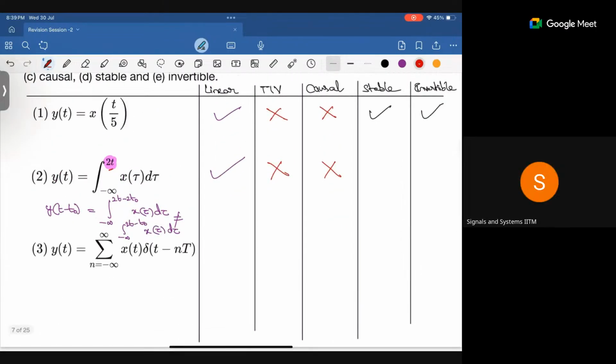Ramp. So the integral from minus infinity to 2t of u tau d tau: if it were t, it results in r of t. If it is 2t, it will result in r of 2t. Still it is a ramp. So a bounded input gives an unbounded output, which makes this system unstable. Right? Invertible. Are integral operators invertible?